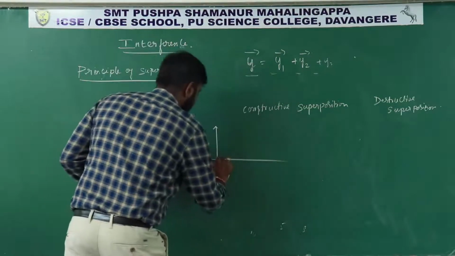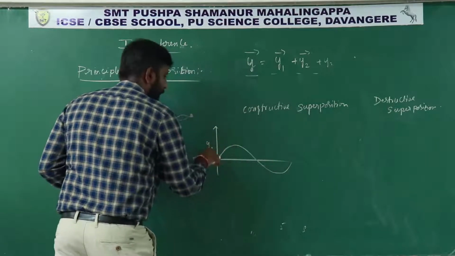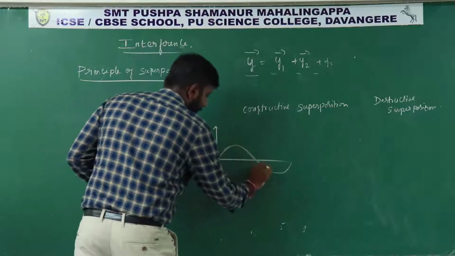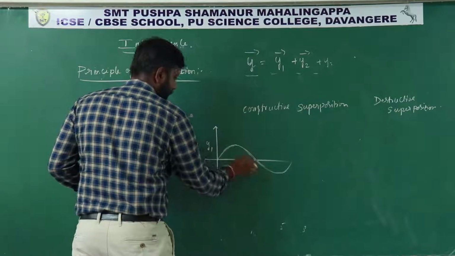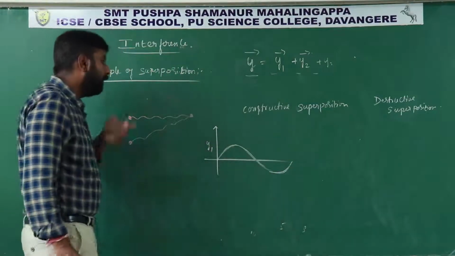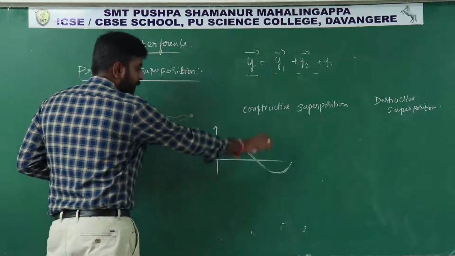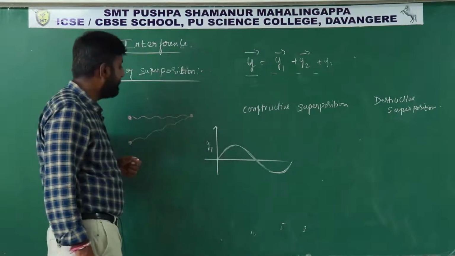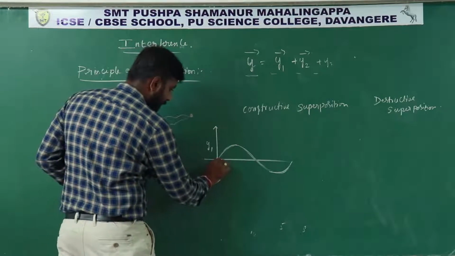So this is the first wave, I am representing it as y1, this is a crest, okay, and this is the trough of the wave. So this is the displacement equation of the first wave y1. Then let us consider another wave.